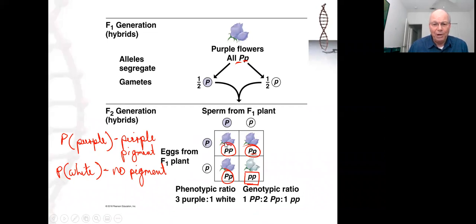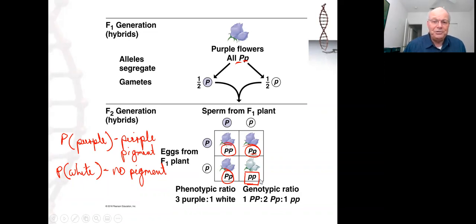One homozygous dominant, and that's the correct way of referring to this individual. That's how we genetically refer to this individual. Homozygous dominant, 2 heterozygous individuals, and 1 homozygous recessive. So there are, in fact, 3 different genotypes: a homozygous dominant, a homozygous recessive, and a heterozygous, and the ratio is 1:2:1.